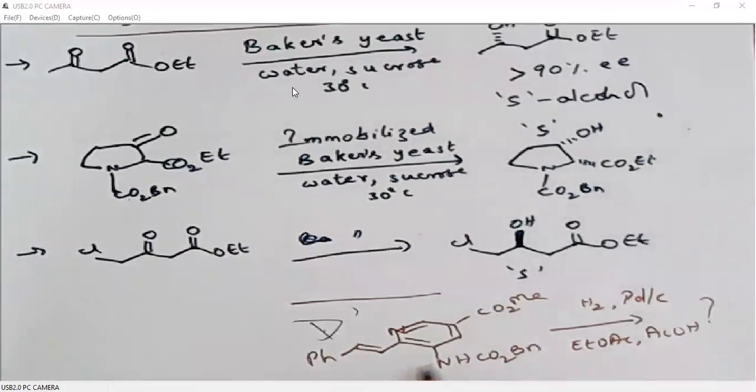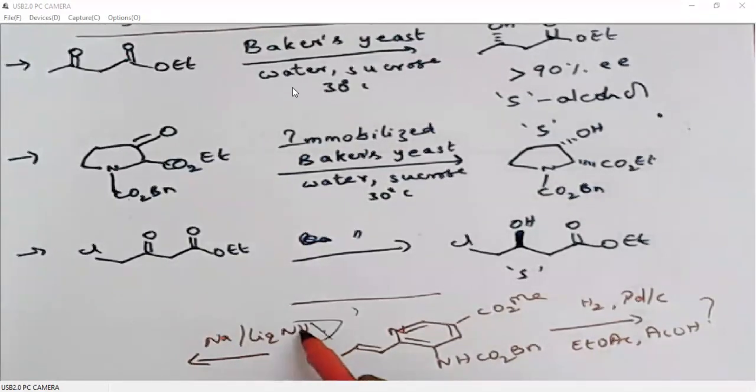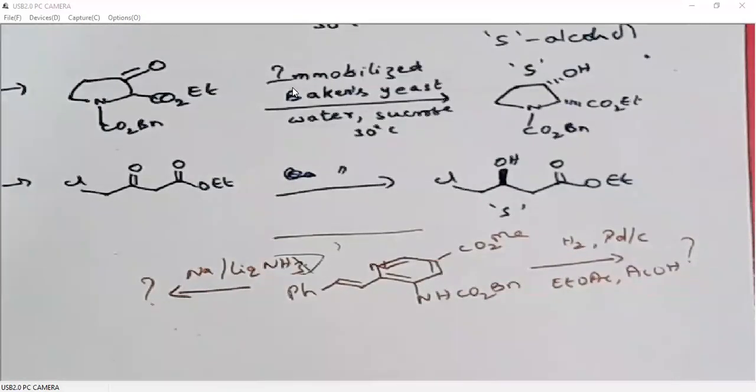What is the product when we reduce it using hydrogen and palladium on carbon? And what is the product when we reduce it using Birch reduction conditions? I'll just give one more example.